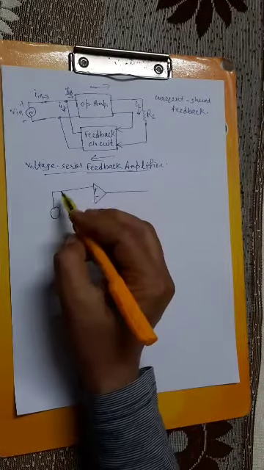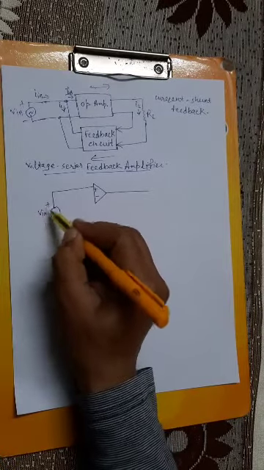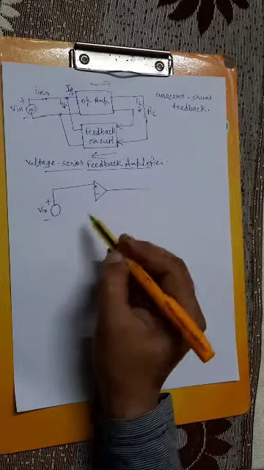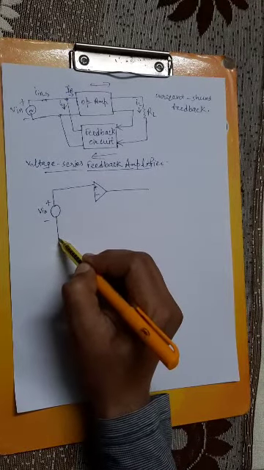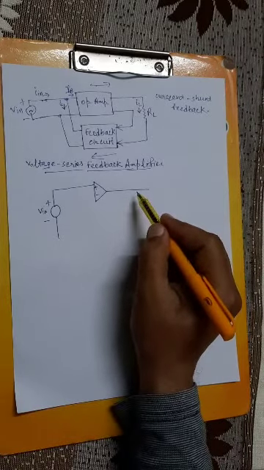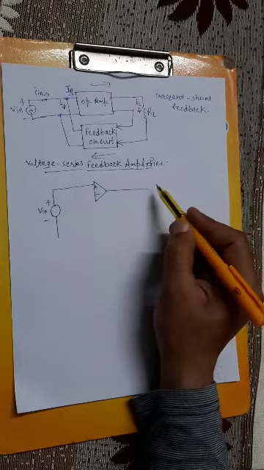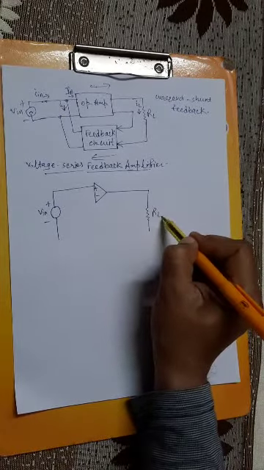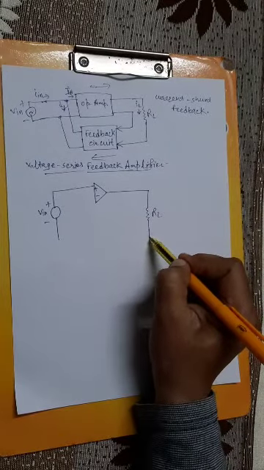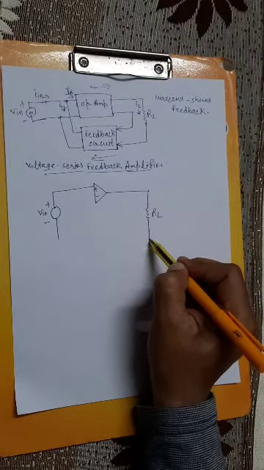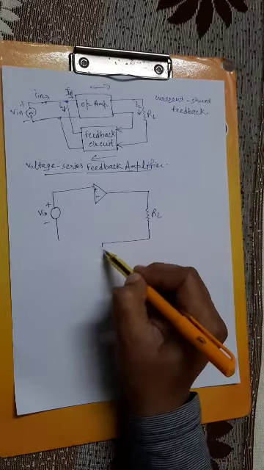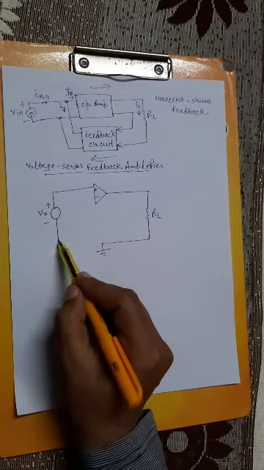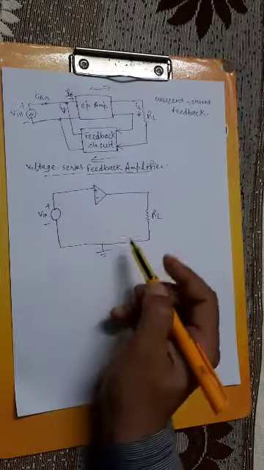Voltage sources are connected, V input. Then the output voltage we will measure across a load resistor RL, and the second terminal of this load resistor is connected to earth, and the power supply negative terminal will be connected to this earth.